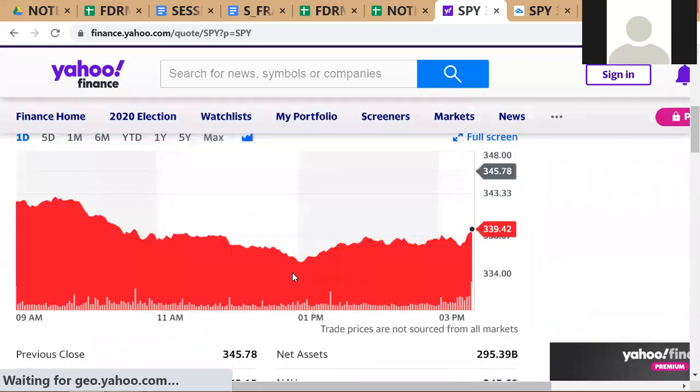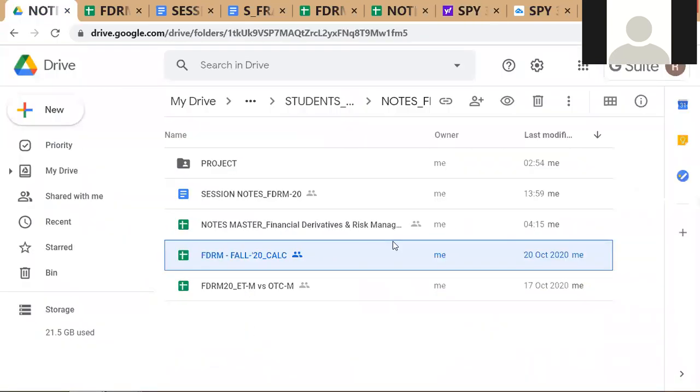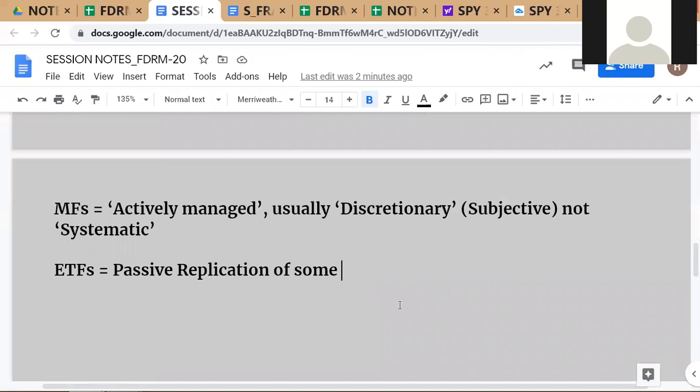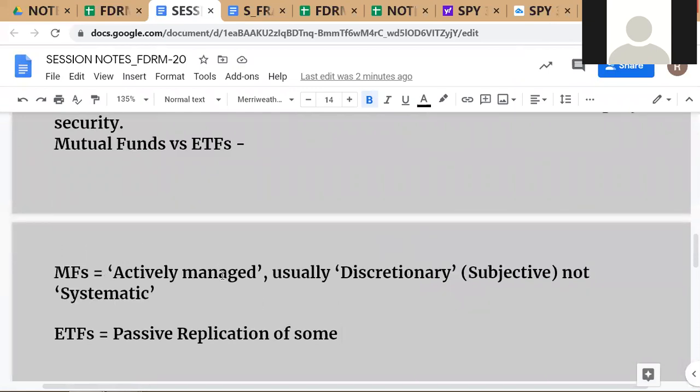All right. So the point I was trying to illustrate here, coming back to the question of the distinction between the two, is that MFs are actually actively managed, okay, usually in a discretionary manner. This is what you're familiar with. Like if you look at the composition of the HDFC mutual fund, or you look at the ICICI Prudential Mutual Fund, they may have the same kind of sector focus, maybe a healthcare fund for both the companies, but the component stocks could be very different because the fund managers have different views, all right?